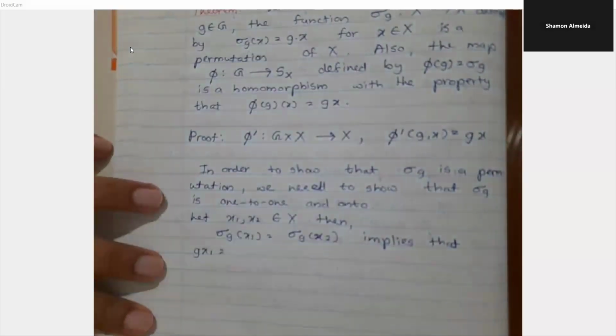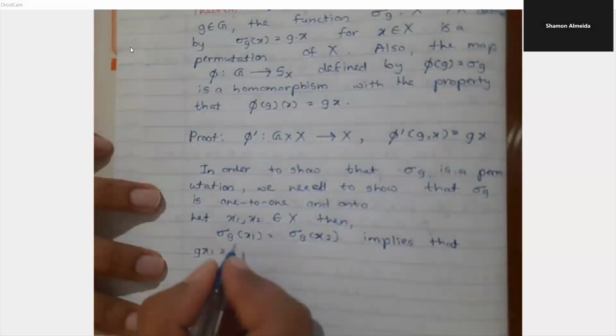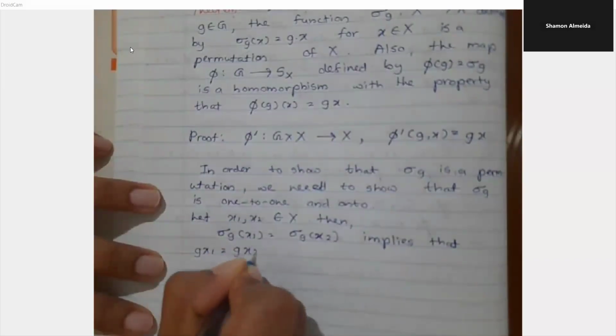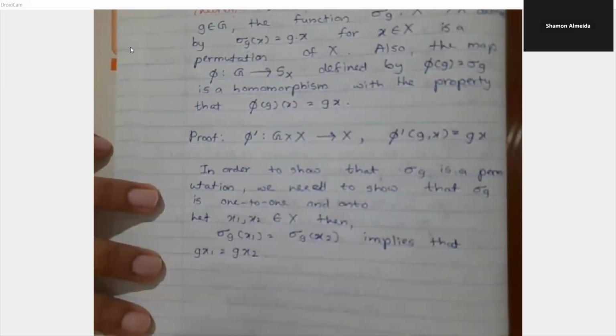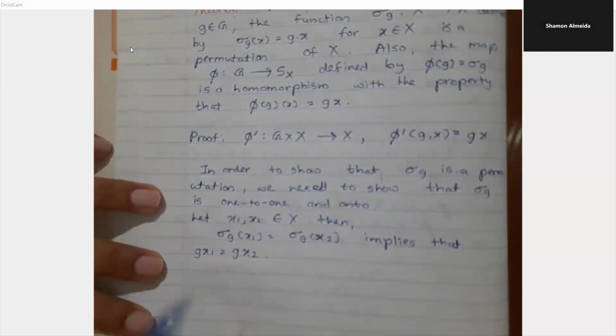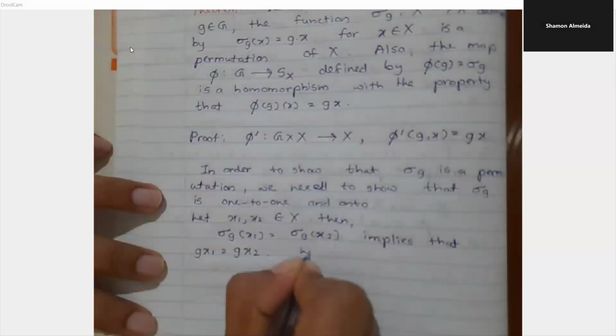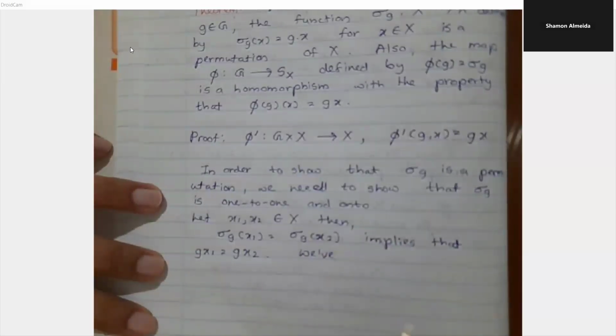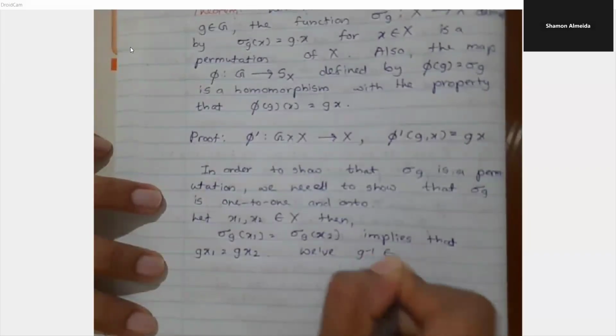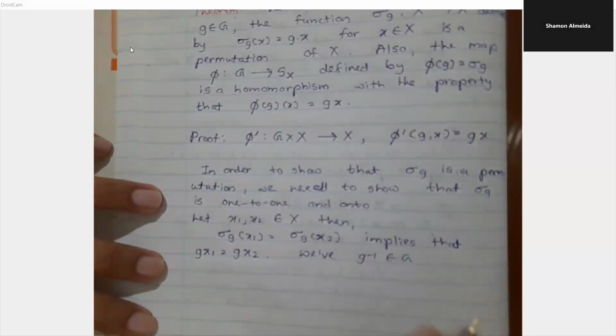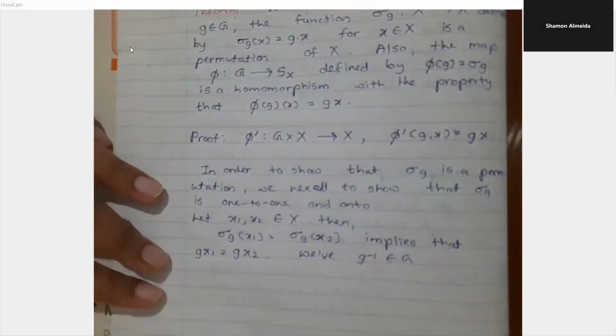Instead of writing g dot x1, I will simply write gx1. Now, this g is taken from G, and G is a group, so its inverse must also belong in G. So g inverse is an element in G. Now what do we do?